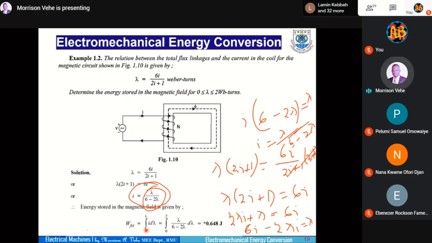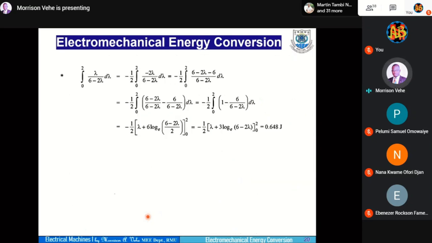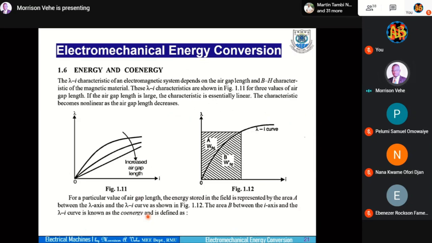But if we integrate from 0 to a certain value of the current, lambda di, then that is the co-energy, and we normally write it with a prime. So this is the co-energy regarding the field, and this is the energy regarding the field.